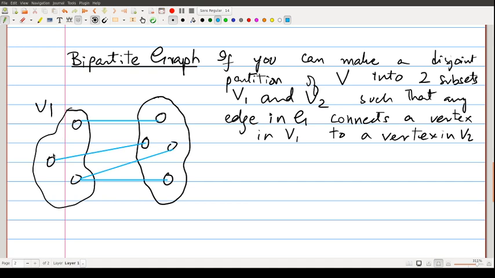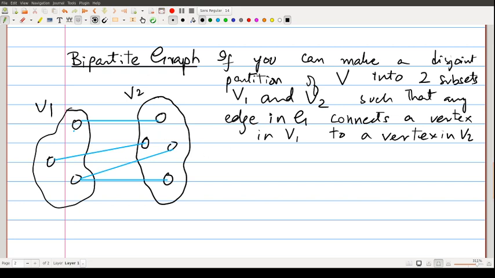So there should be no edge that connects some vertex in V1 to another vertex in V1. An edge like this is not allowed. It should only connect some vertex in V1 to some vertex in V2.